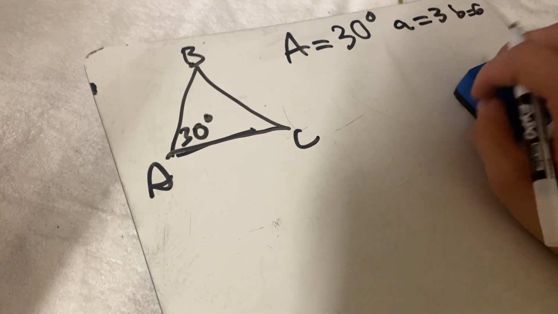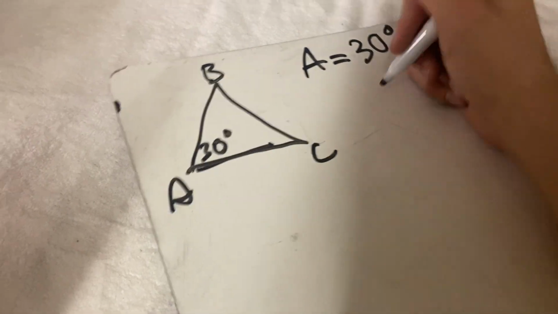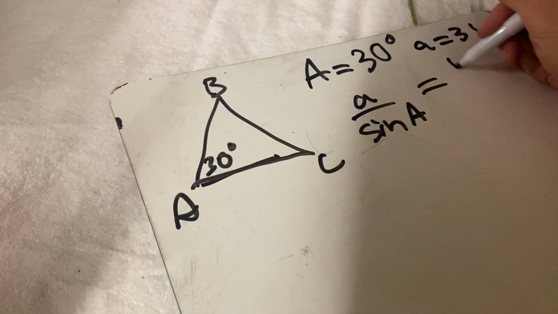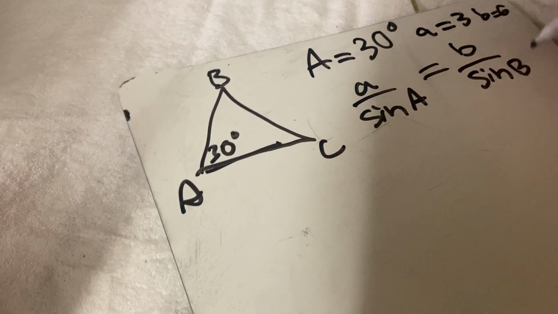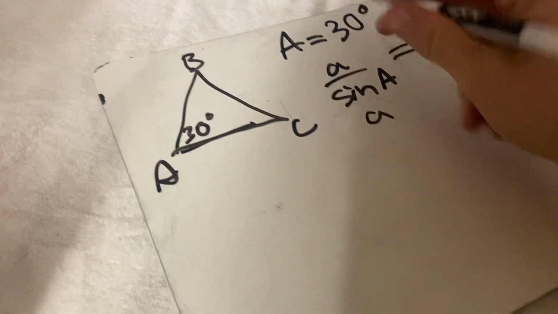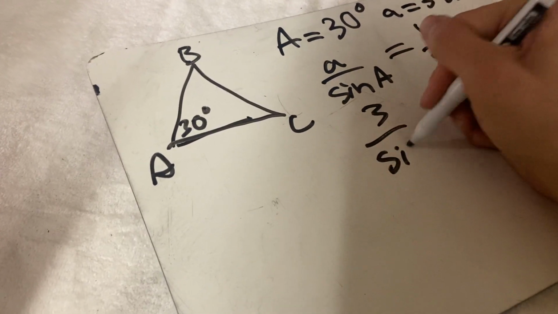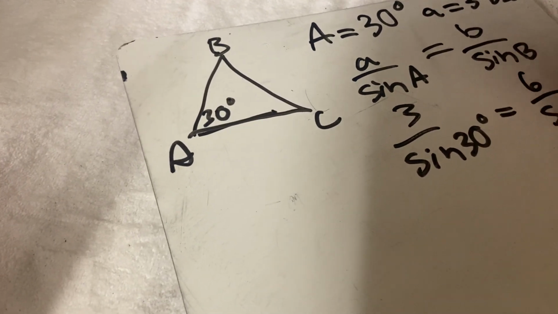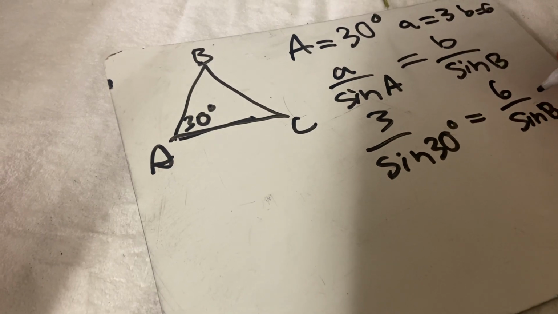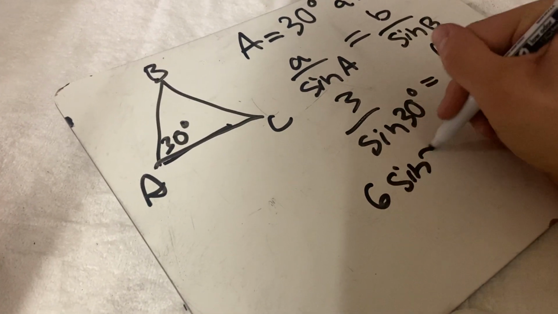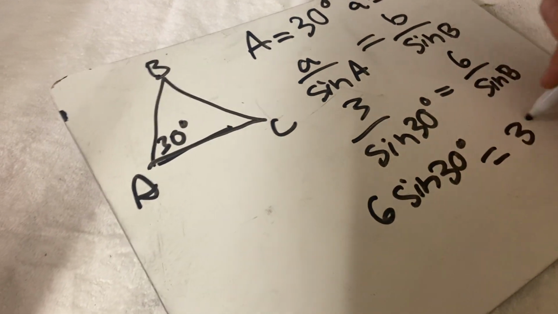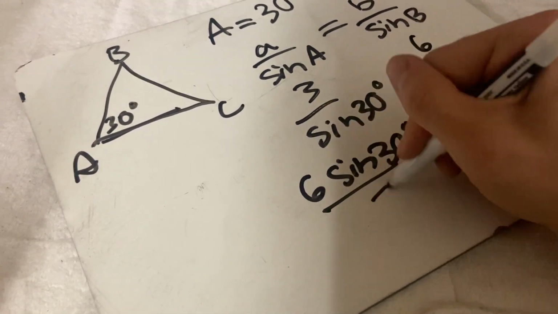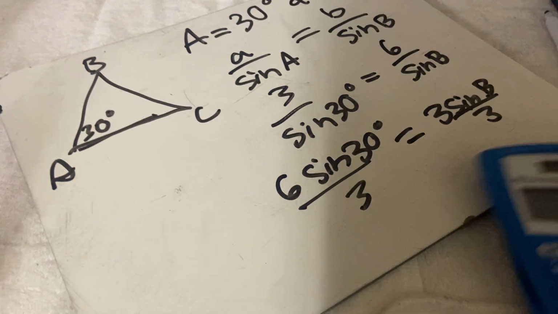Now let's find what angle B is. So A over sine A, you know the drill, equals B over sine B. Plug in our numbers: 3 over sine of 30 degrees would equal 6 over sine B. Cross multiply. 6 sine 30 degrees equals 3 sine B. Divide both sides by 3.